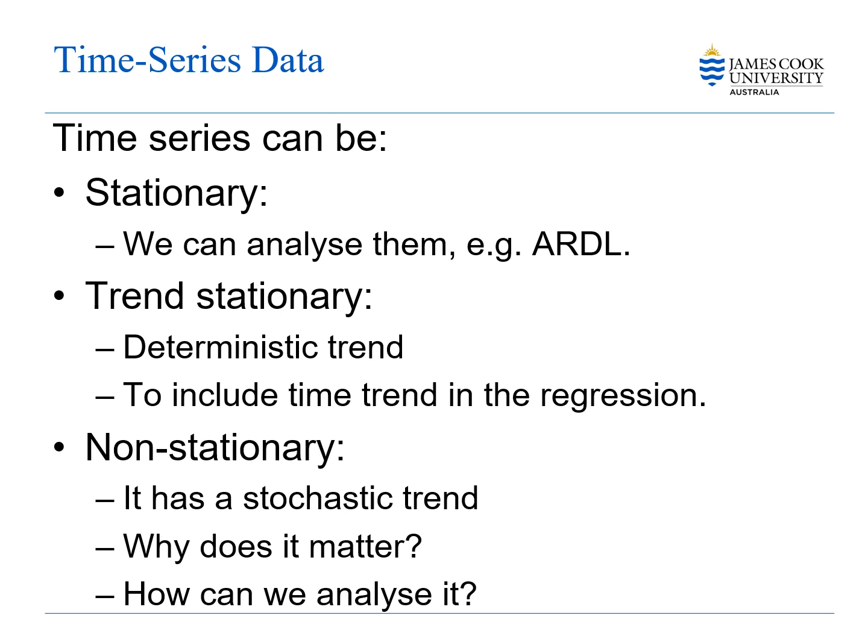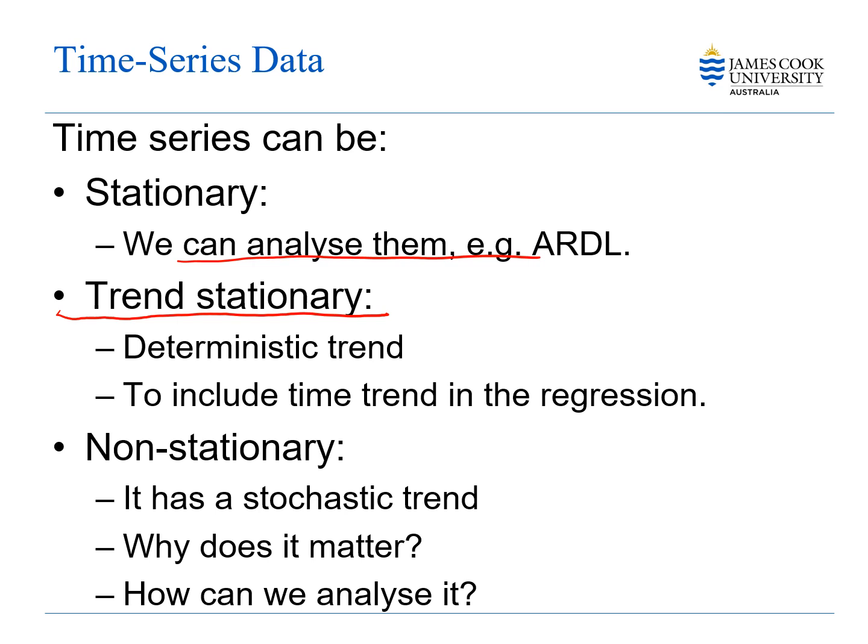Right, so we see that a time series process can be stationary. Then we now know how to analyze them, for example using ARDL, autoregressive distributed lag models, as we did previously. Time series can also be trend stationary. It contains a deterministic trend.